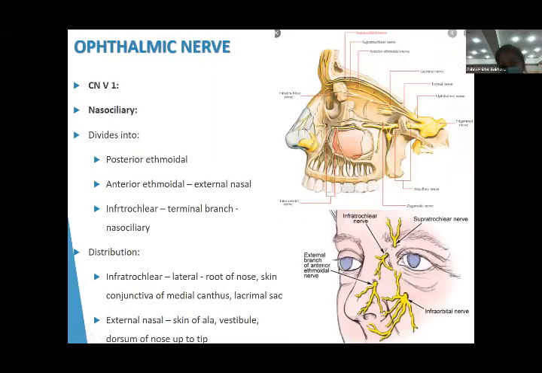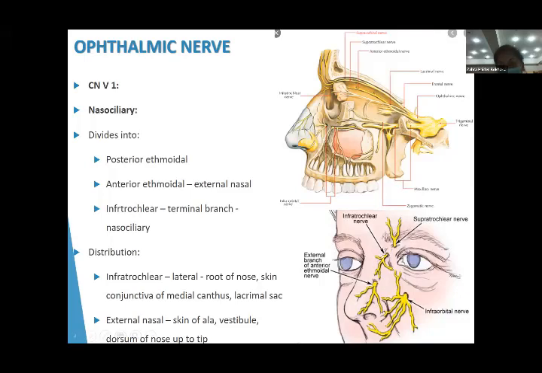And then we have the nasociliary branch. The nasociliary branch immediately divides into ethmoidal branches, anterior and posterior ethmoidal branches. The terminal branch of the anterior ethmoidal branch going forward is the external nasal, this one, okay. And the infratrochlear is the terminal branch of the nasociliary, that is the infratrochlear.